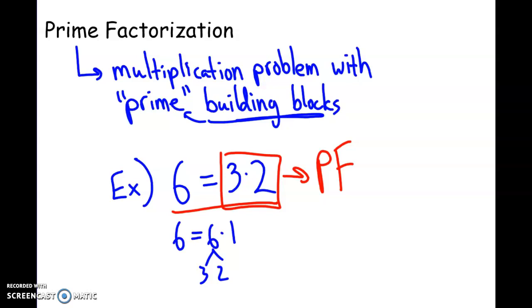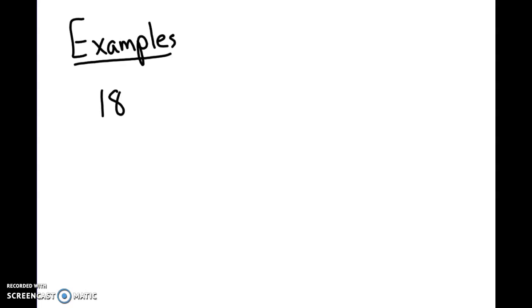So now let's kick it up a notch and do a couple of examples of how to do this. Let's say we have a number like 18. What I like to do is make the factor tree where you break it down, because then you can start anywhere and you'll arrive at the right answer if you break things down properly.